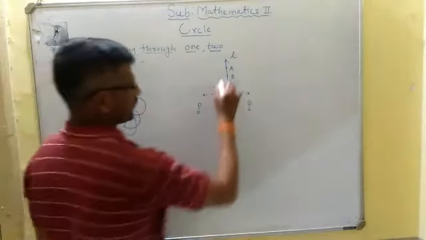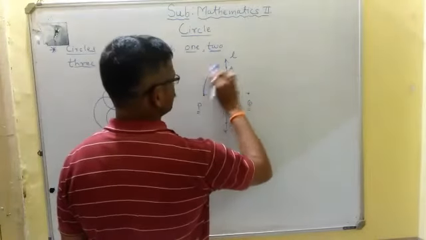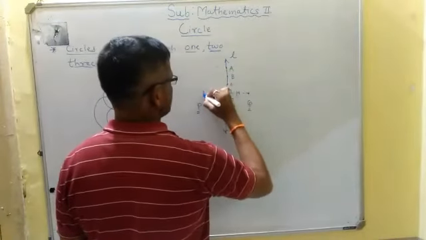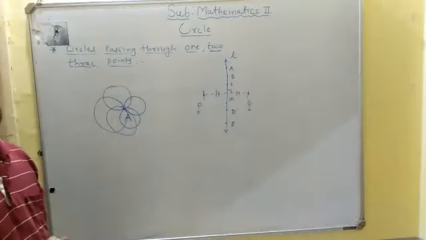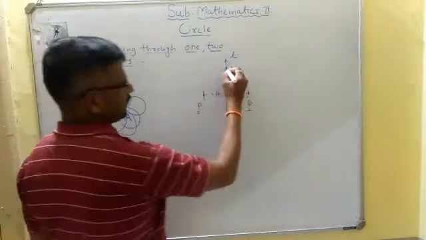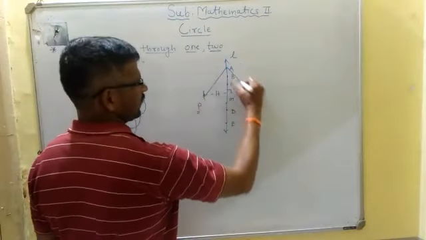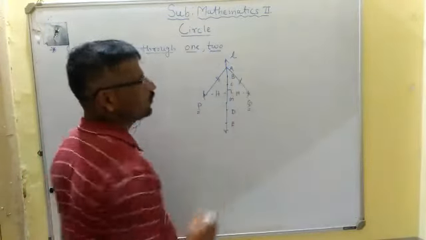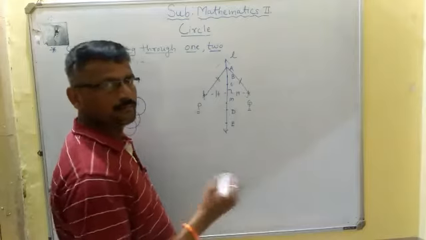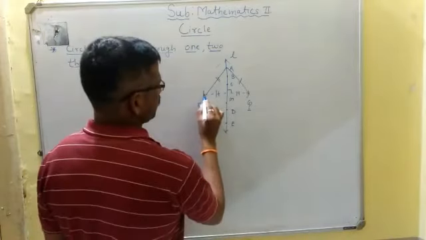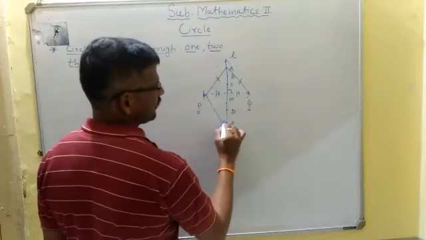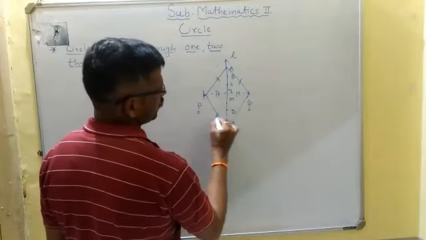Then every circle is passing through the points P and Q. Why? If we join PA and AQ, we get PA equal to AQ. Why? By the theorem of perpendicular bisector. Also we get PE is congruent with EQ.